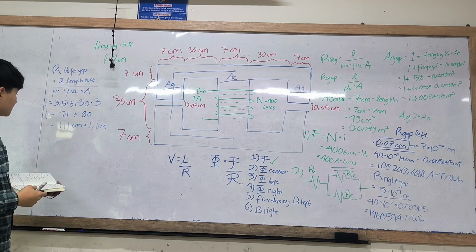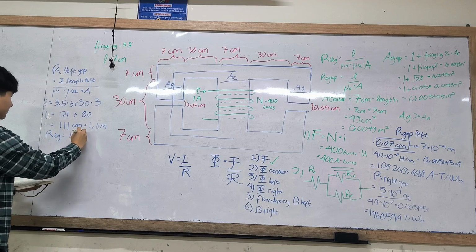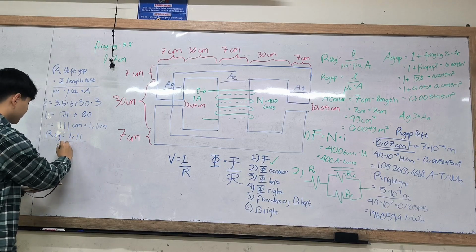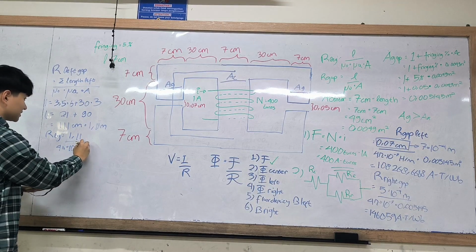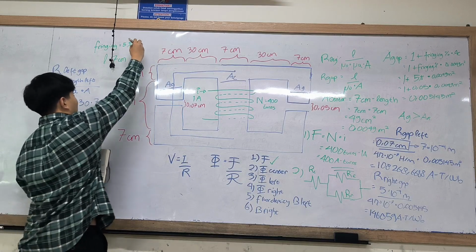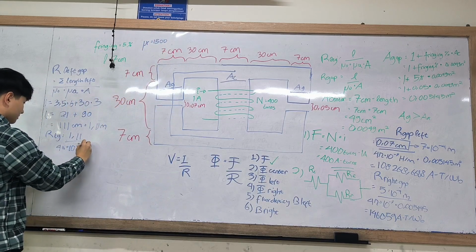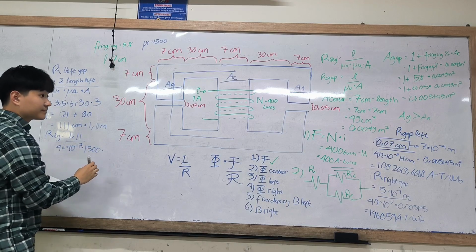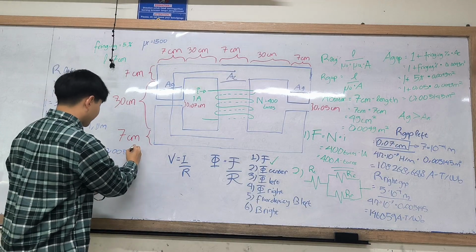And then the reluctance of the left leg would be 1.11 divided by 4 pi times 10 to the power of negative 7 times the relative permeability, which we can assume is 1,500, and again multiplied by 0.005145 meters squared.